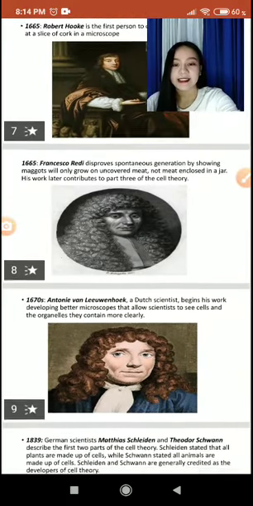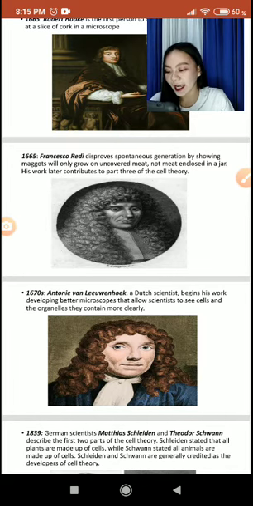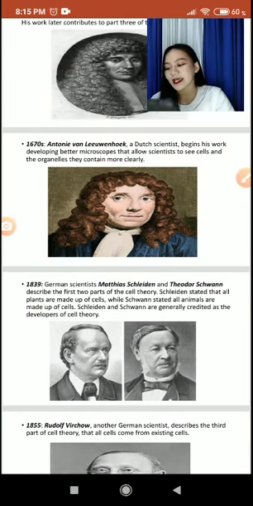In the 1670s, Anton van Leeuwenhoek, a Dutch scientist, began developing better microscopes that allowed scientists to see cells and the organelles they contain more clearly. In 1839, German scientists Matthias and Theodor described the first two parts of the cell theory.